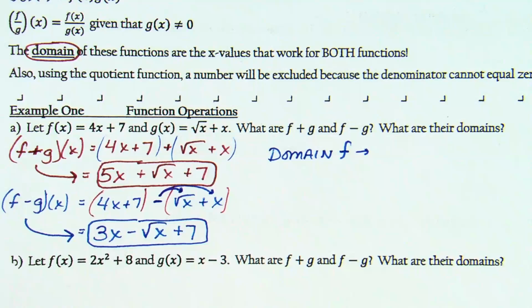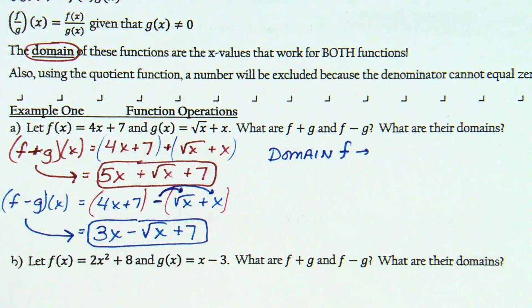So what was my f function? 4x plus 7. Are there any numbers that you cannot put in for x because they would make something not possible? That's what you're asking yourself. What numbers can't you put in for x that would cause a problem?